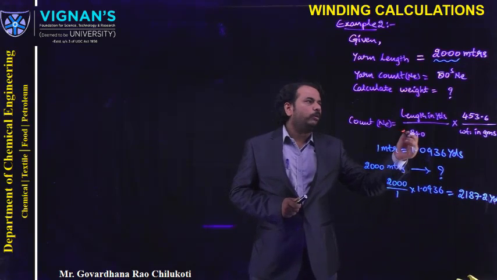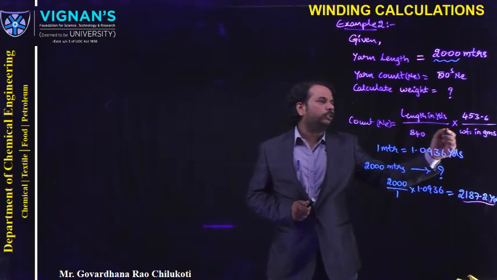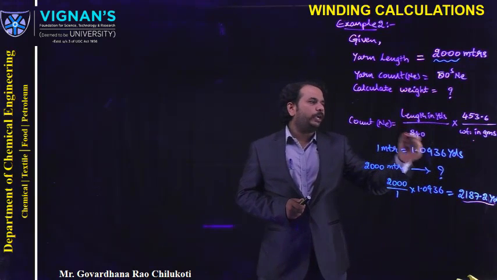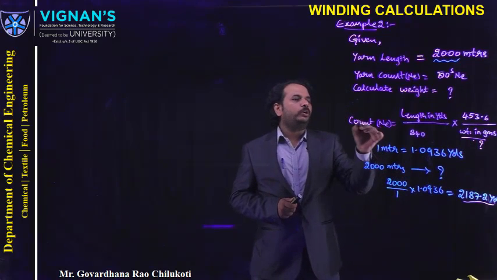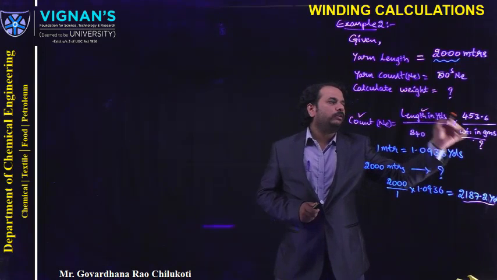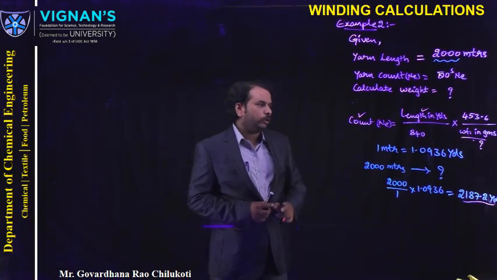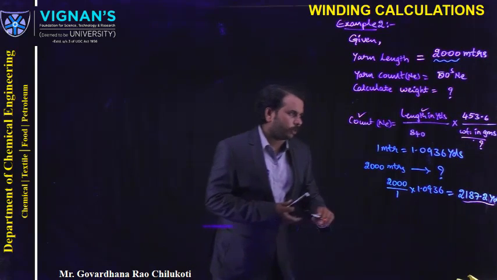So now the yards are there and the weight in grams we need to find out. The count is given, the length is given, and the weight we need to find out. So what is the formula?